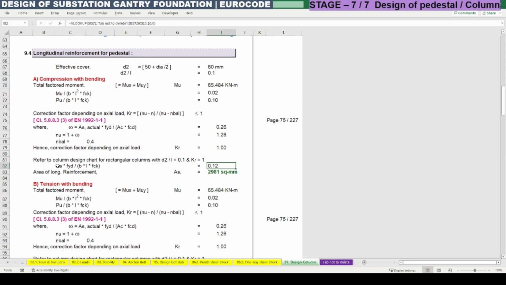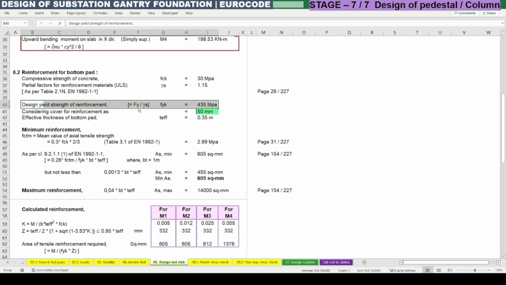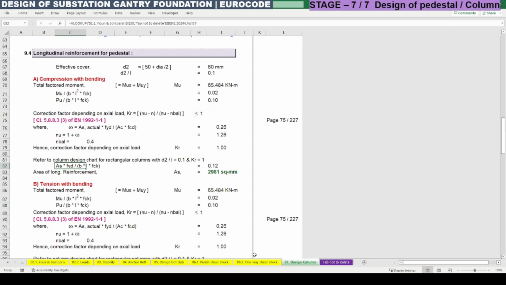Now in this equation we know that fyd is 438 megapascal, which is calculated by fy 500 divided by gamma S, and b and h we know are 600 mm, and fck we know is 30 megapascal. The only unknown value is As, and on the right hand side we know it is 0.12.